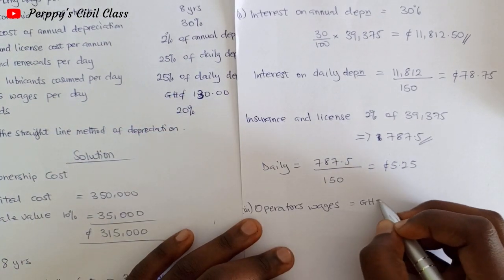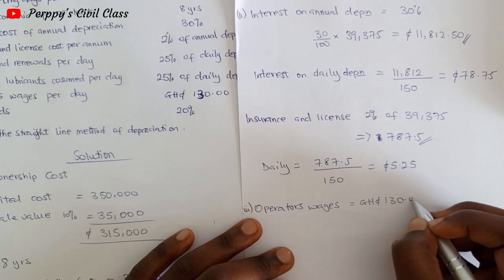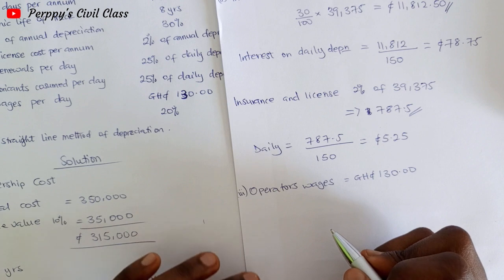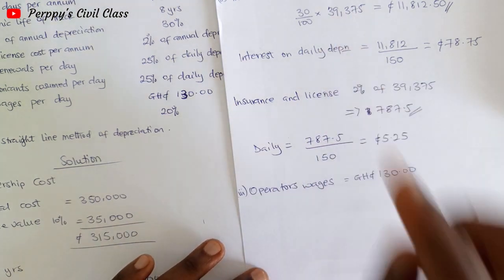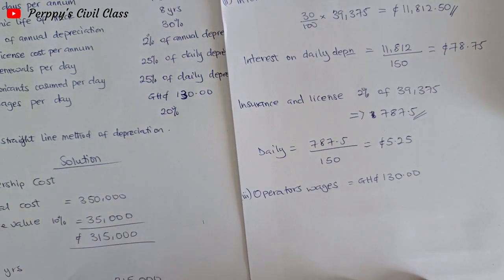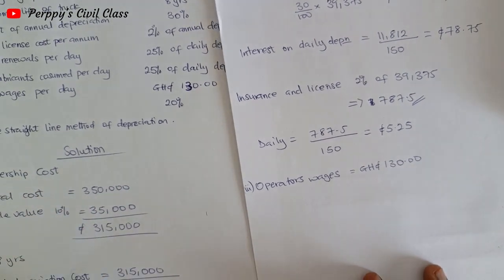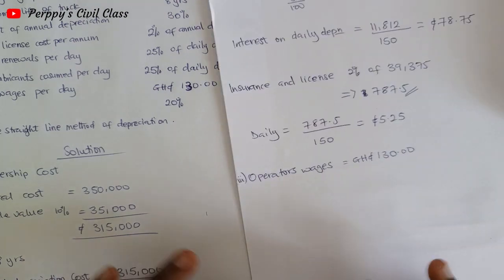Now we have to calculate the total ownership cost. Then we go and do the operational cost and the running cost.